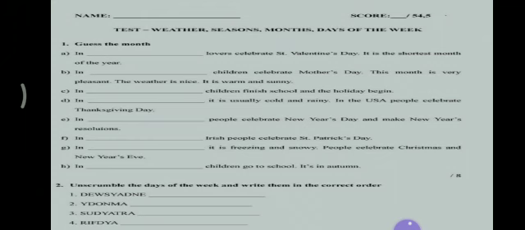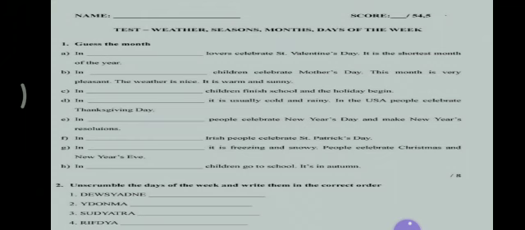You understand? Okay. In blank, people celebrate New Year's Day and make New Year's resolutions. Do you understand? Okay. In blank, Irish people celebrate Patrick's Day. You understand? Of course. In blank, it is freezing and snowy, people celebrate Christmas and New Year's Eve.